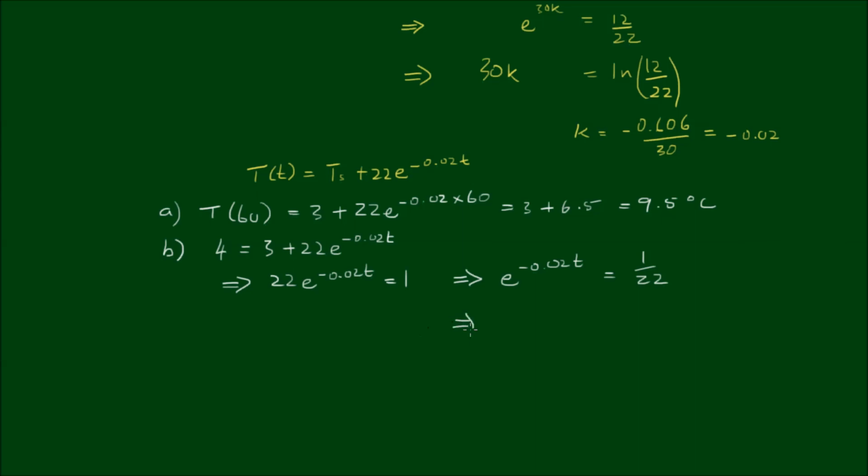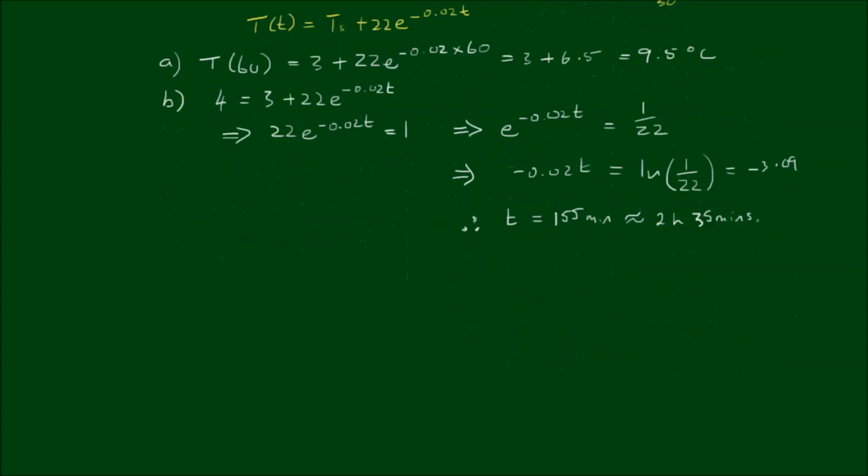Take the log of both sides and we'll end up with negative 0.02t equals log of 1 on 22, which equals negative 3.09. So therefore, the time is approximately equal to 155 minutes, and that's roughly equal to 2 hours and 35 minutes.